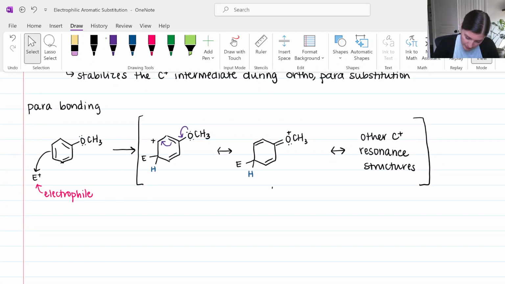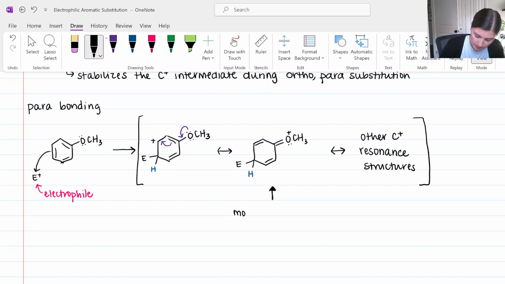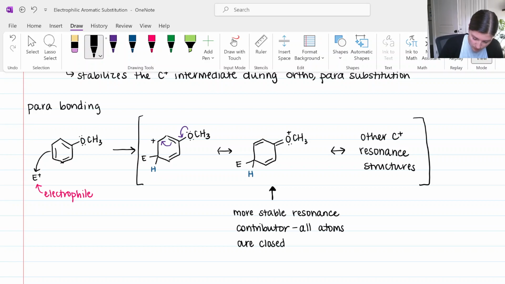So this intermediate, let's write some of that information down. This intermediate is a more stable resonance contributor. Because all atoms are closed shell, and so that means that less energy is required to get to this carbocation intermediate.